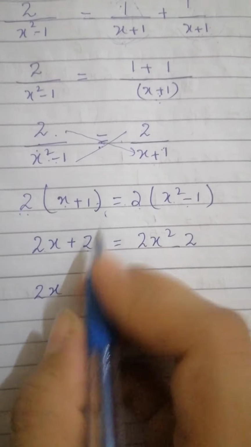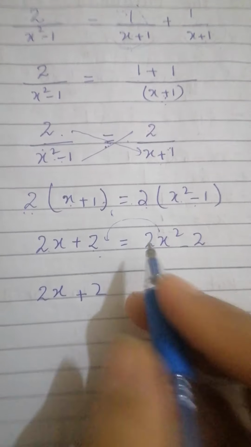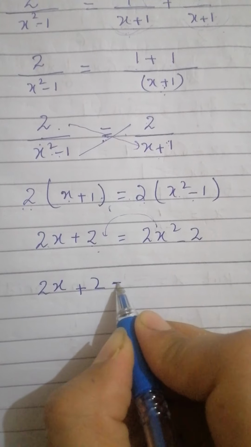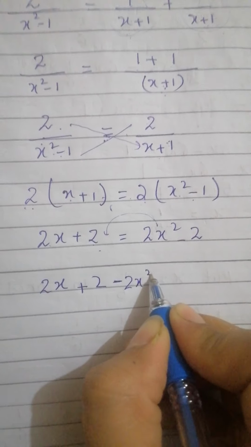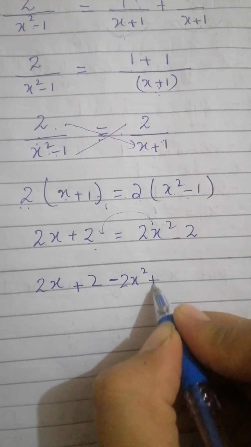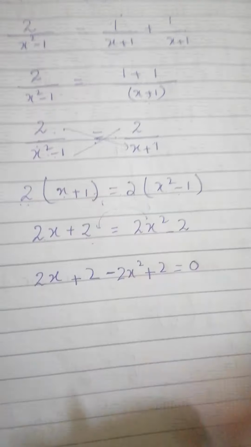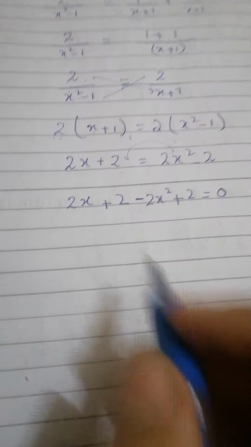Mean 2x plus 2, when it comes to this side of the equation, plus 2x square. When it comes here, it will become minus 2x square, and minus 2 when it goes to the other side, it will become plus 2 is equal to 0. Mean you will shift all the numbers to one side and the right hand side will be 0, right?